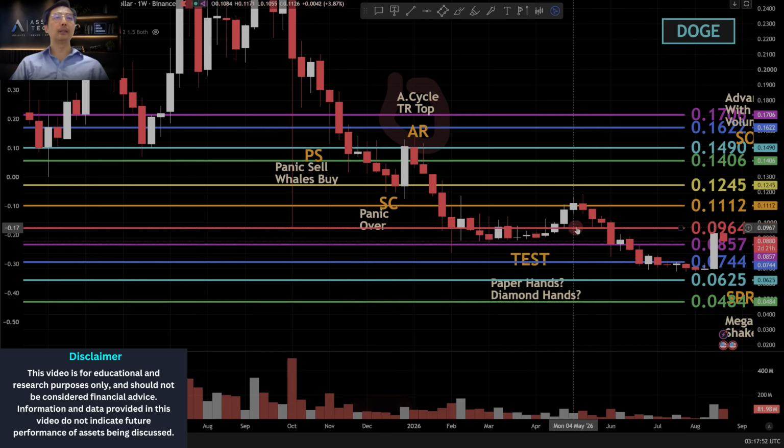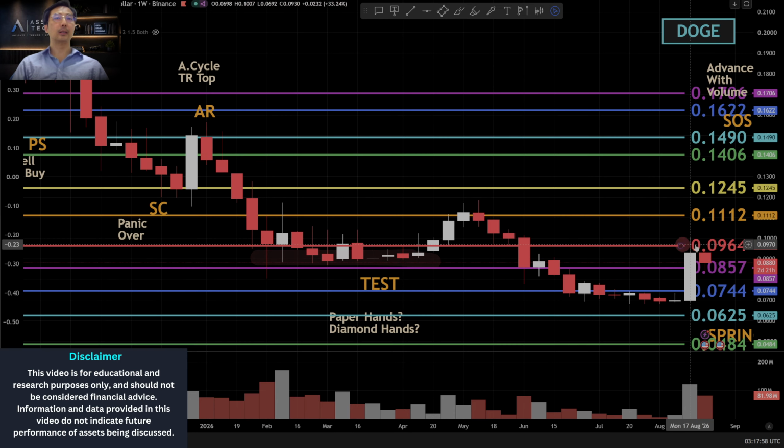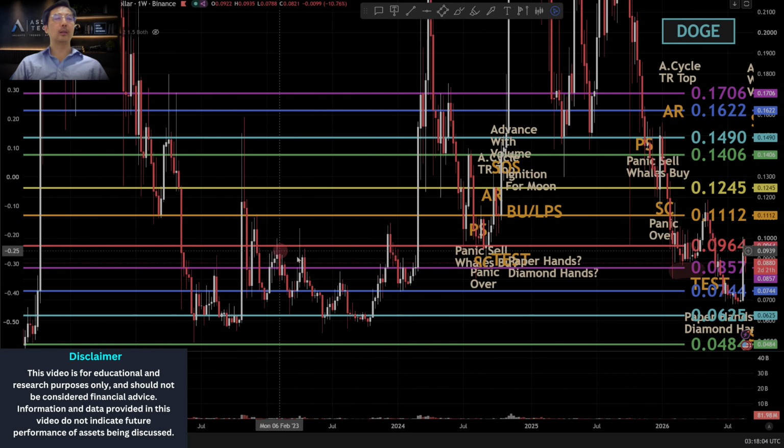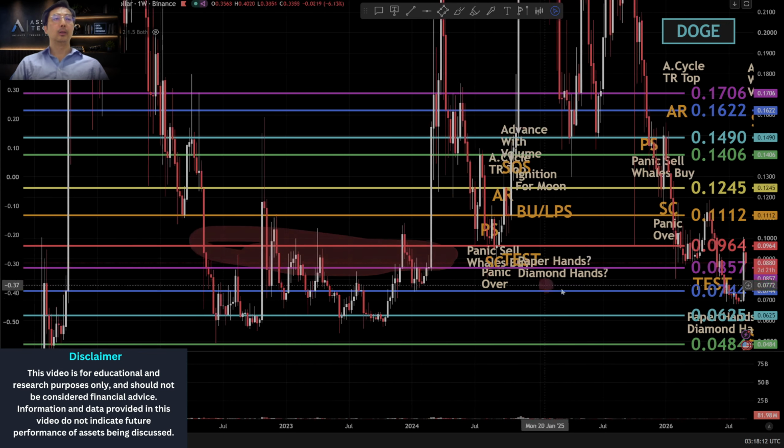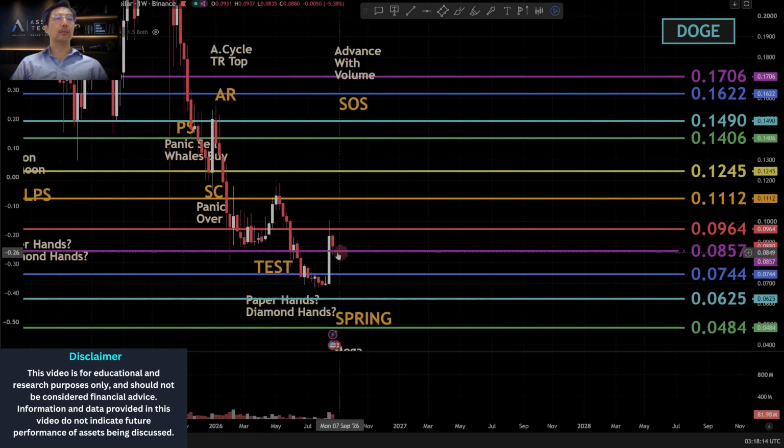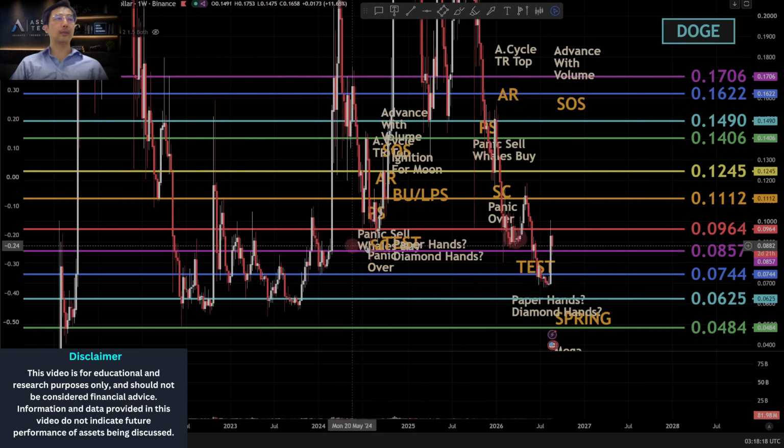But the argument is right over this range, between the red key level of 0.09 and the purple key level of 0.08, that's around the top of the last accumulation cycle back in 2022 to 2024. So that may still be valid, if that's really the case for the selling climax.